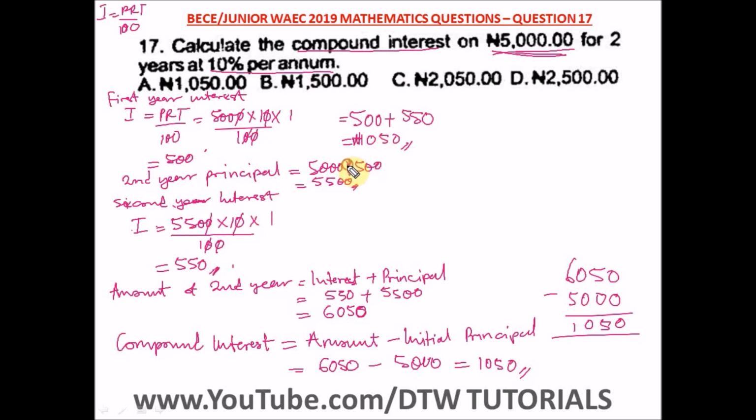This is a plus, not multiplication, please. Add 500 to your initial principal and use this as your new principal to get the second year interest. So you can just easily add up the interest, or you do it this way. So our right option is option A, which is 1,050 naira.